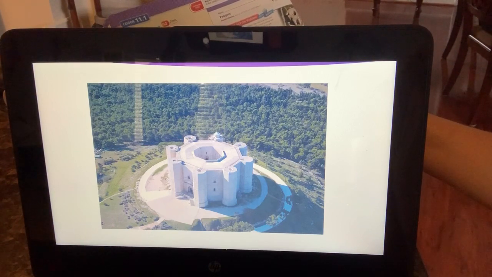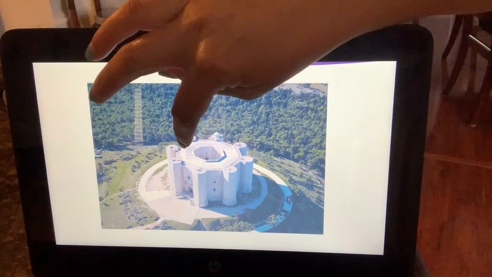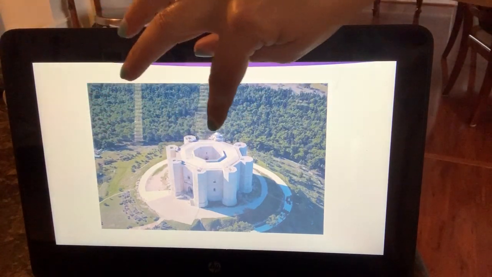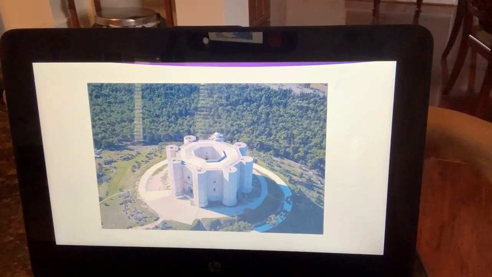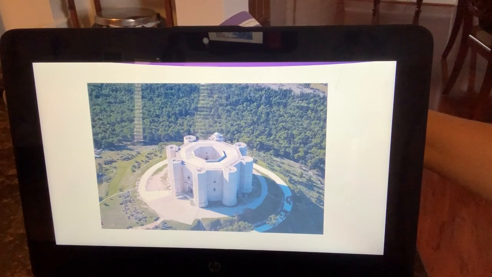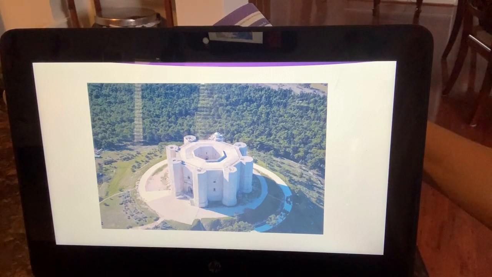Look at the middle and tell me which polygon you see repeated in the structure. This here, it's a polygon. And then there's a bunch of little towers around it that are the same polygon. In this case, the central tower has 8 sides. And each of the towers around it have 8 sides. And the name of that polygon is an octagon.